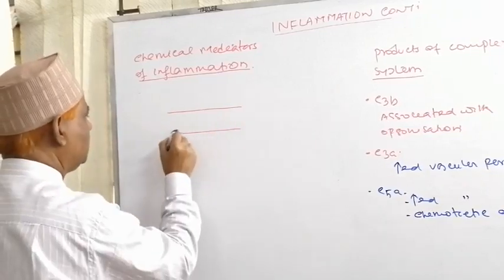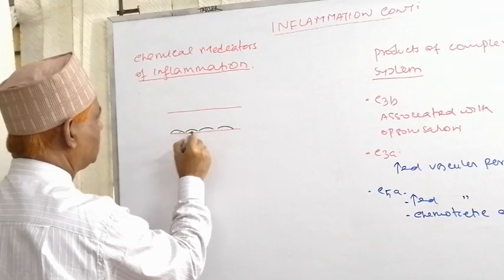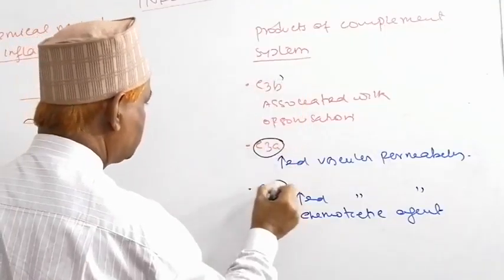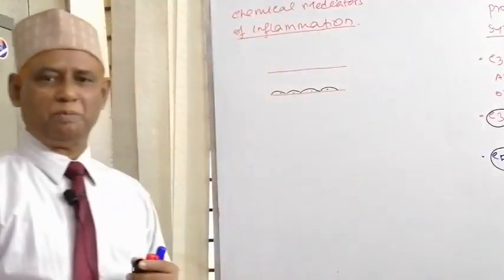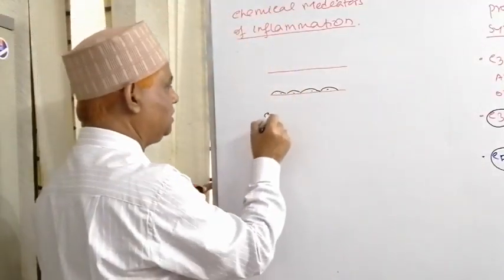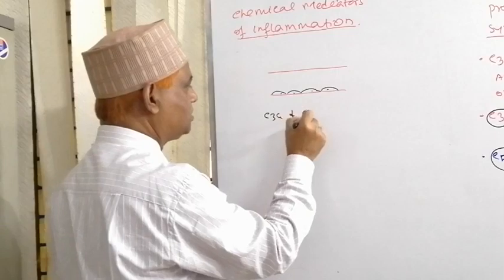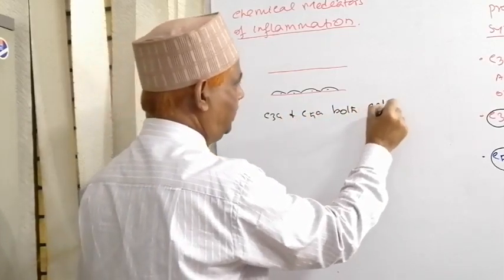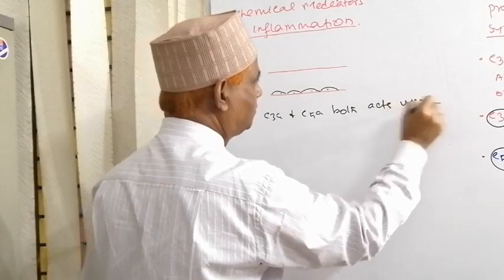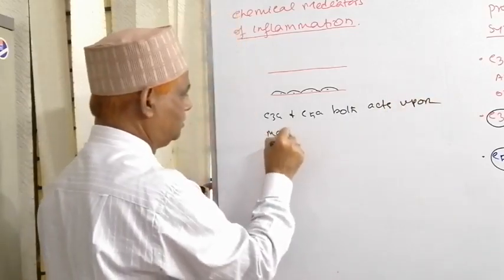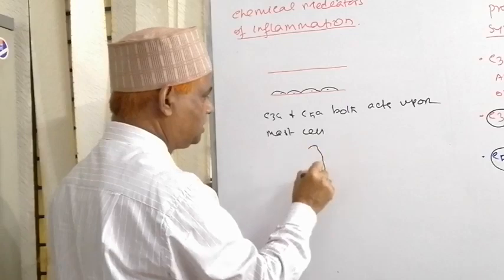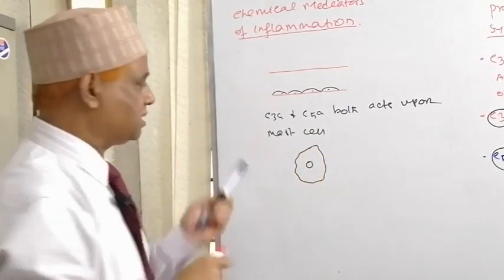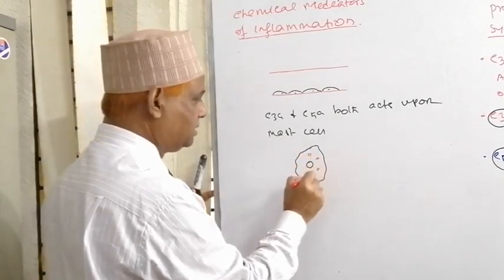Now come to the blood vessel, suppose this is the endothelial lining. How do C3a and C5a cause increased vascular permeability? C3a and C5a both act upon mast cell. Suppose this is the mast cell, and you know mast cell contains granules.